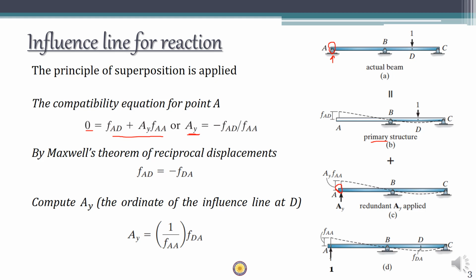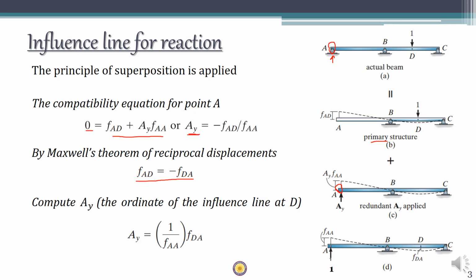So if you compare this diagram and this diagram, according to Maxwell's theorem of reciprocal displacement, you can say that FAD is equal to FDA, right? Unit load placed here causes a displacement of FAD, the same unit load placed at A will cause a displacement of FDA, and both have to be the same, right?